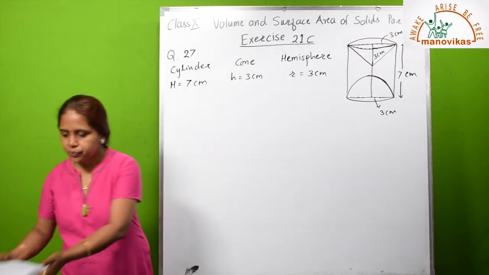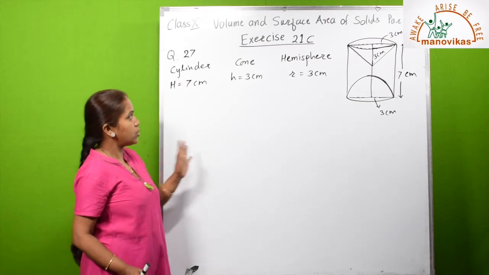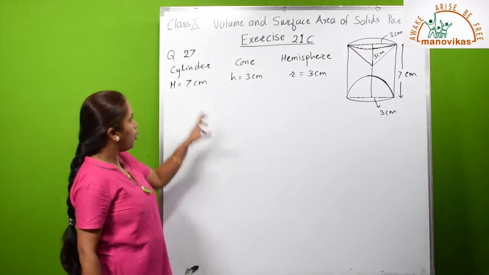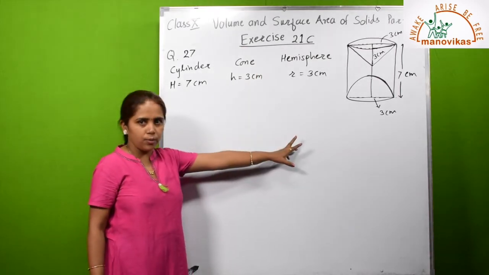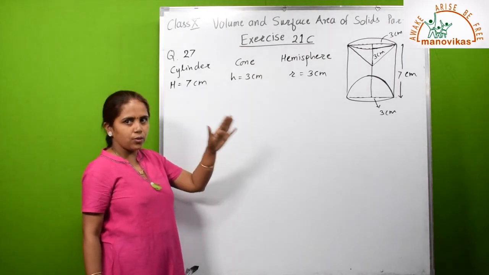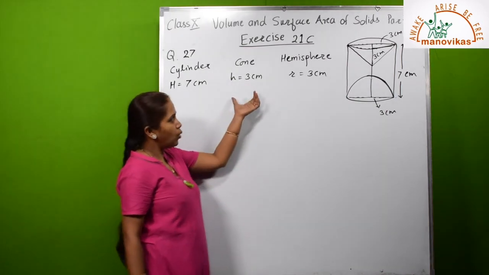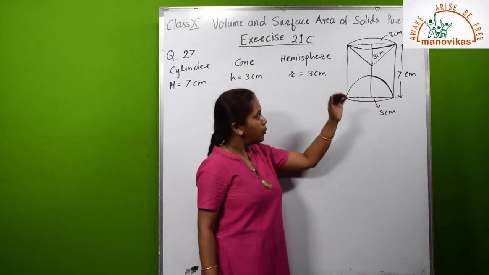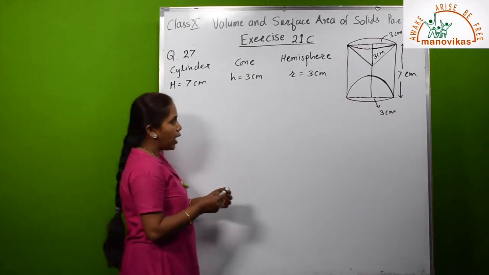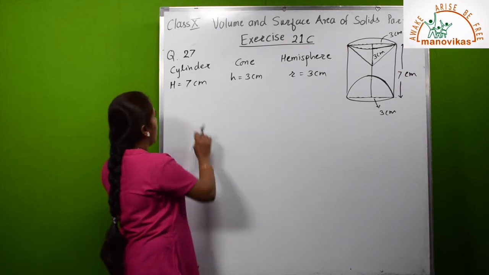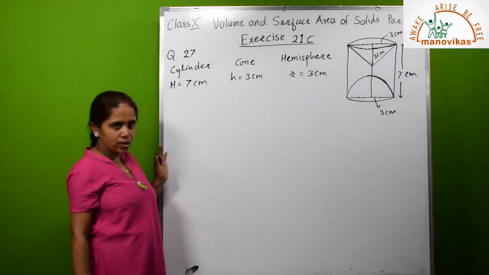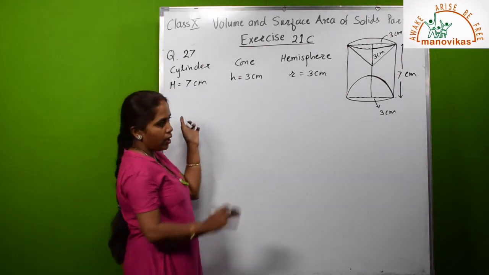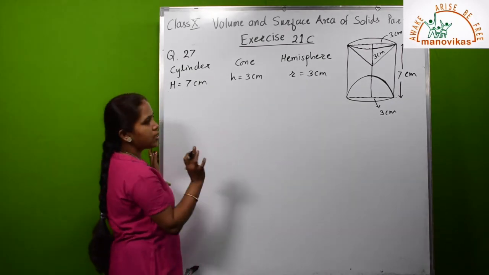Okay. Now here in this question there are three solids. There is a wooden cylinder of height 7 cm given. From this wooden cylinder we have to remove the conical part and the hemispherical cavity. Okay. Now for the cone, height is given 3 cm, cylinder height is given 7 cm, and for hemisphere, cone and cylinder, for all the three solids, radius is 3 cm.